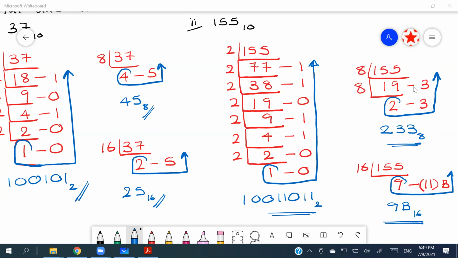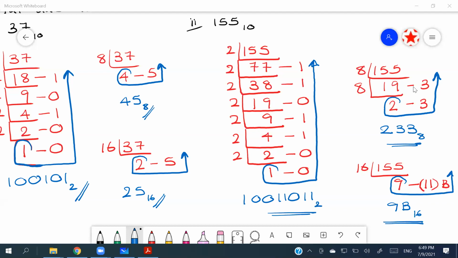In 155 there are 9 16s. Now 16 into 10 means 160, so this is 5 less than 160, right? That means there are 9 16s, and when we take 16 into 9, it's going to give you 144, right?